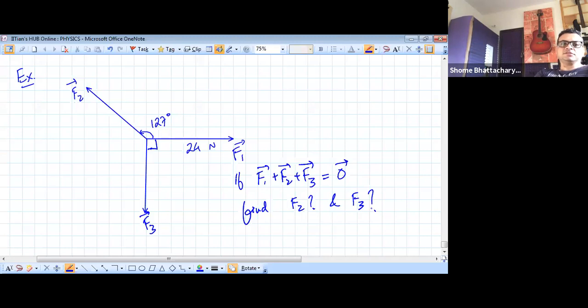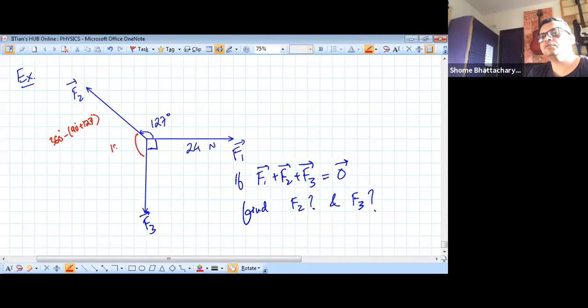Check again, yes, no. Okay, so first of all, you realize that their resultant is 0, that means they have to be coplanar forces, and that means that this angle has to be 360 minus of 90 plus 127.